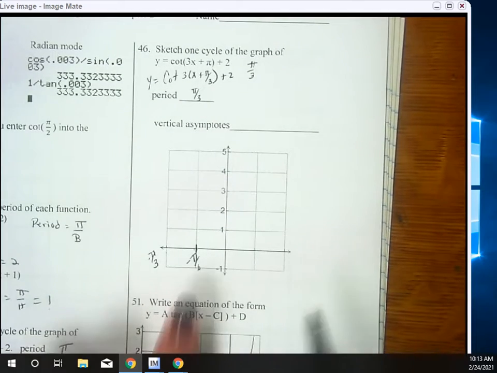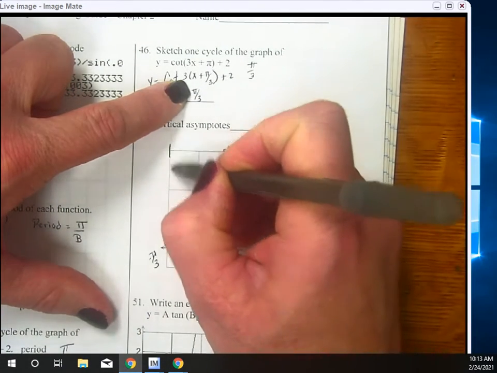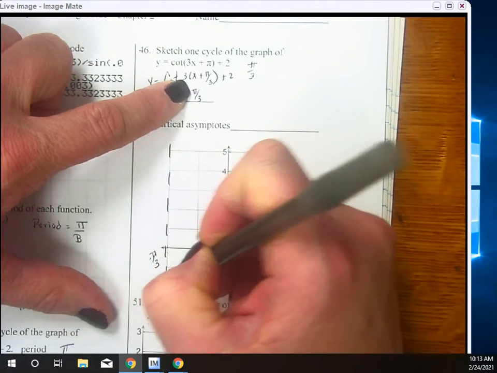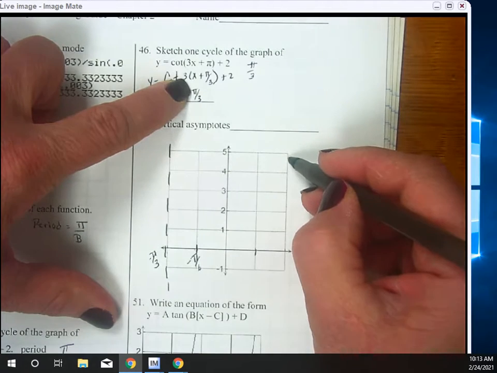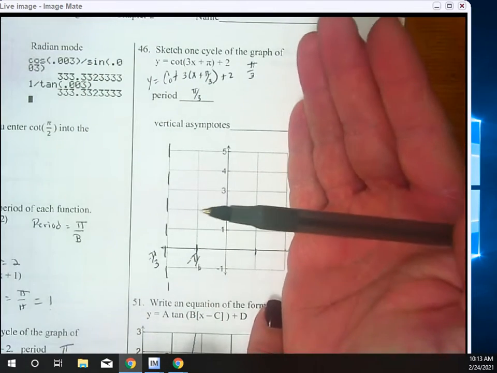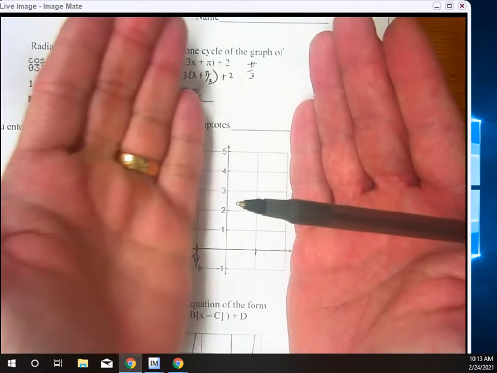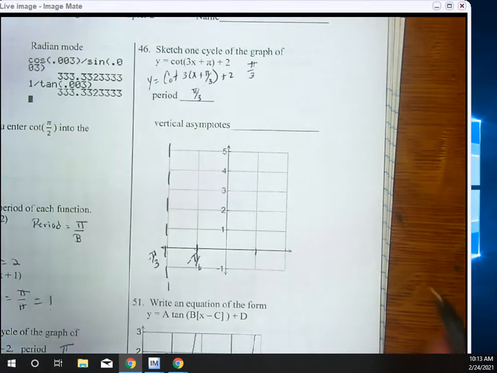When I write these in, I would have had a value over here at pi over 3. So my one full cycle is going to be pi over 3 units.